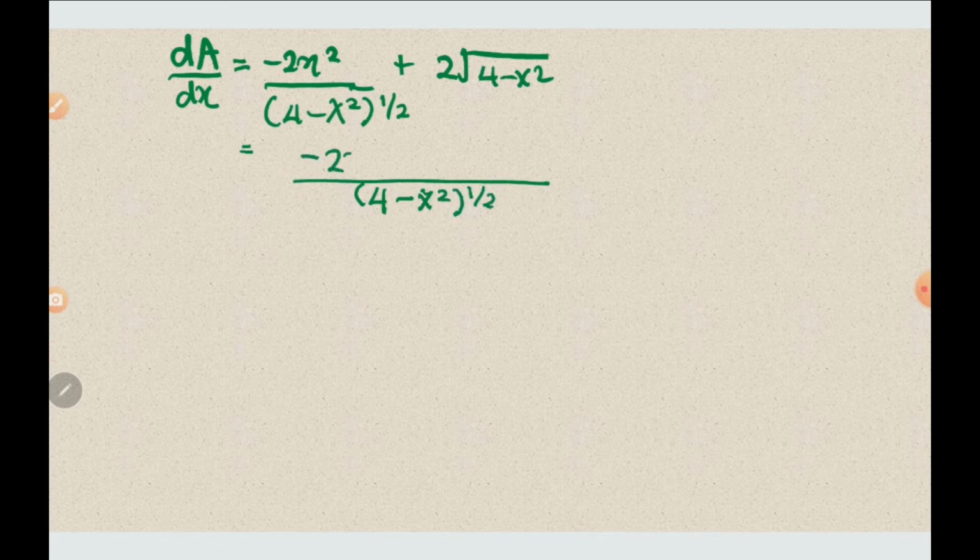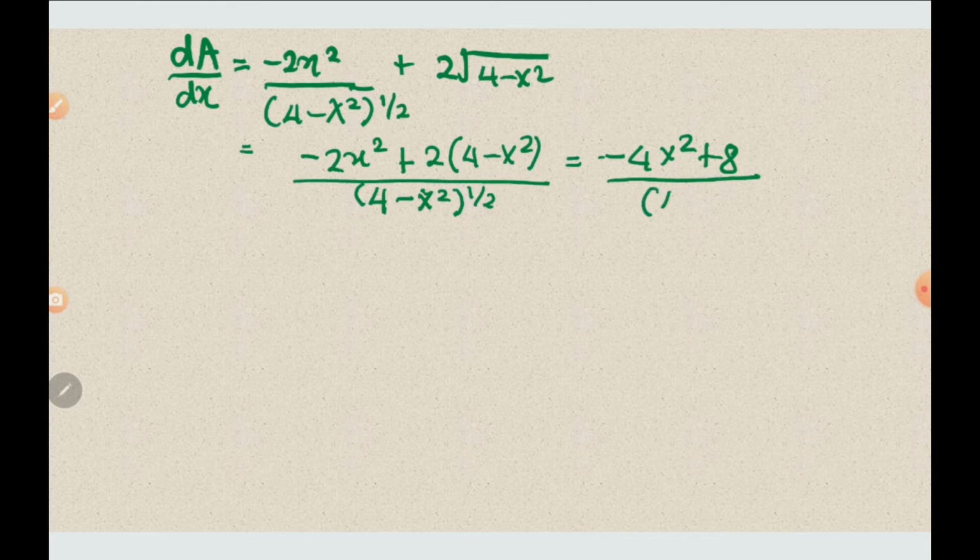Then we have negative 2x squared plus 2 times (4 minus x squared). Then we will simplify to get negative 4x squared plus 8 over (4 minus x squared) to the power of 1 over 2. Okay, then this is dA/dx.